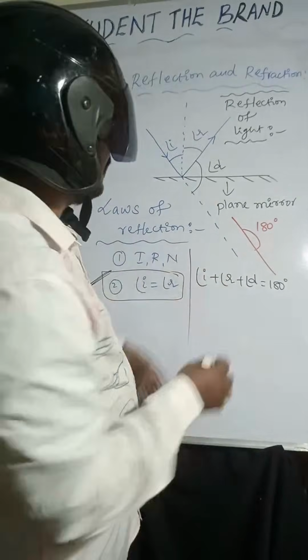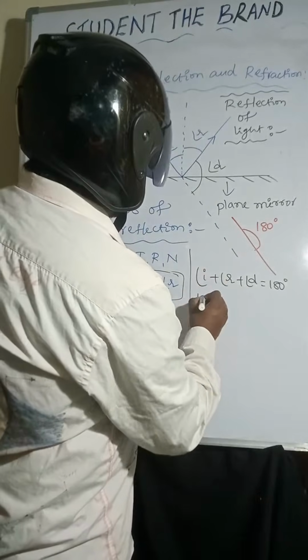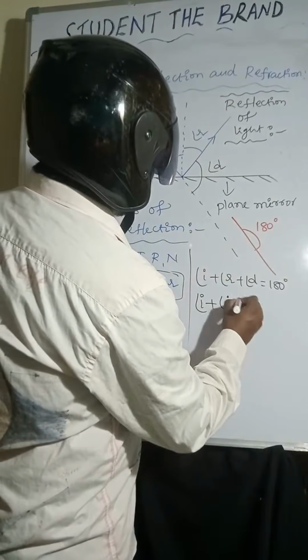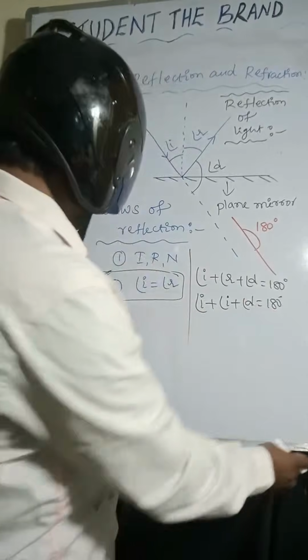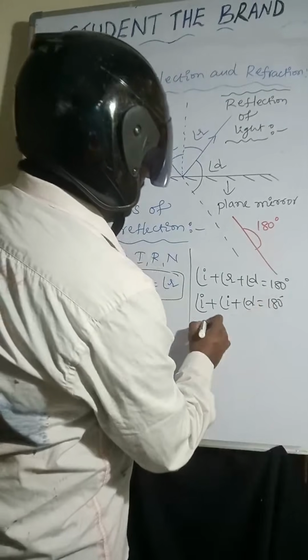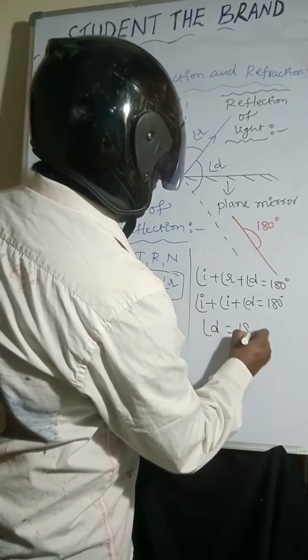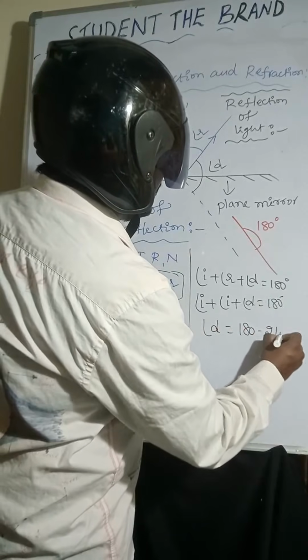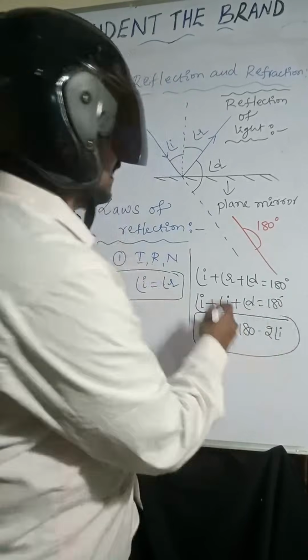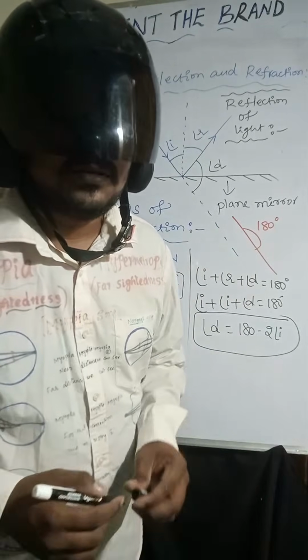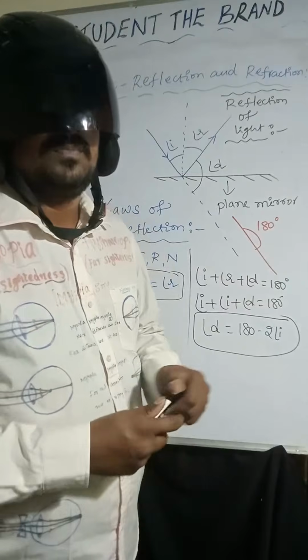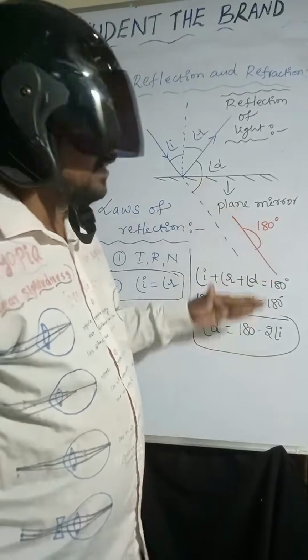Now I am considering angle of incidence plus angle of incidence plus angle of deviation equals 180 degrees. Now angle of deviation equals 180 minus 2 angle of incidence. Can I take it like this? Is it clear to everyone? Do you have any doubt on this?